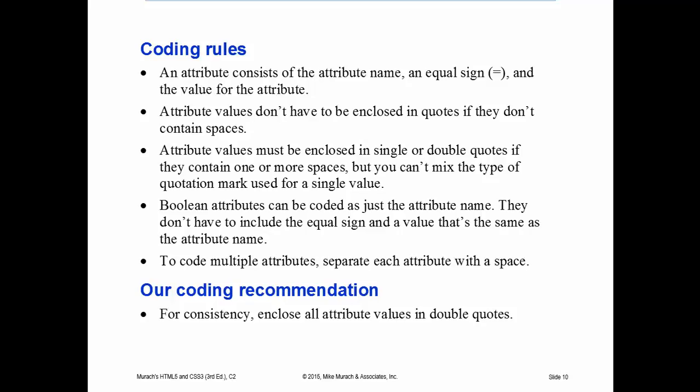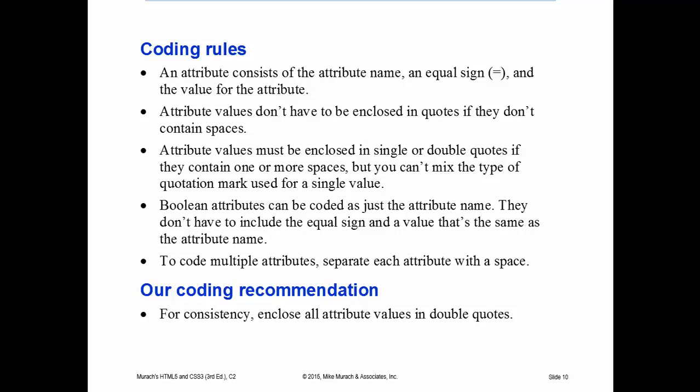Even though you don't have to enclose it in quotes, it's still a good idea. You can't mix it, so you can't open it with a double quote and close it with a single quote. But you use two of one, two of the other, or neither. But again, most of the time what you'll see is the attribute values are going to be enclosed inside of double quotes.